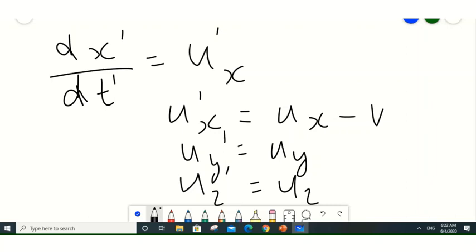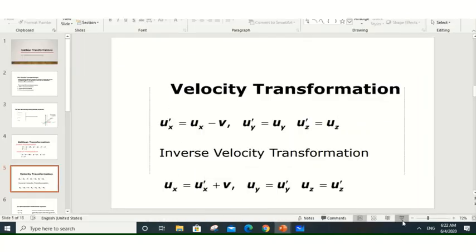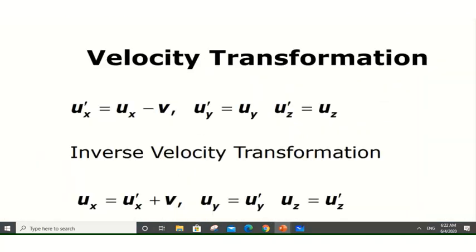These are the velocity transformation equations as we obtained here. The inverse velocity transformations are ux is equal to ux dash plus v, uy is equal to uy dash, uz is equal to uz dash.